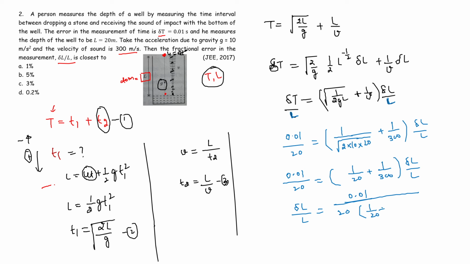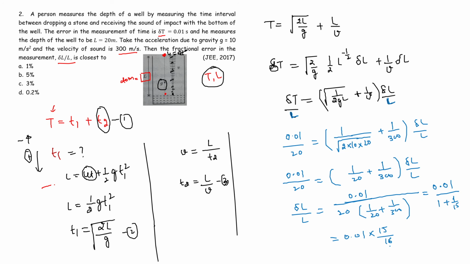Multiplying 20 in both terms in the denominator, we get 0.01 divided by 1 plus 20 over 300, which is 1 by 15. So this will be 16 over 15, which means 0.01 times 15 over 16.